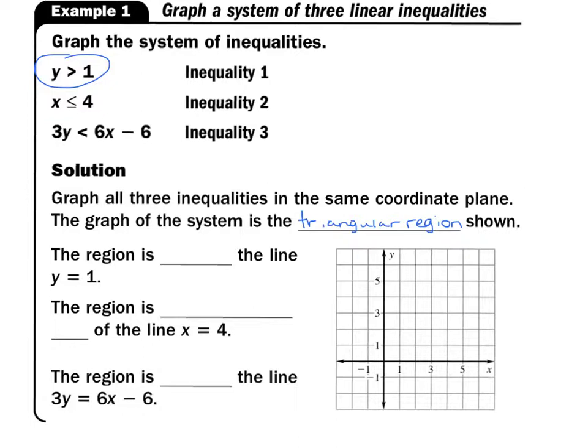And y equals 1 is a horizontal line that crosses the y-axis at 1. Since it's greater than, and not or equal to, it's going to be dashed. So I just take my eraser and dash it. So we're going to shade the region above the line because it's greater than 1. So this area is shaded.